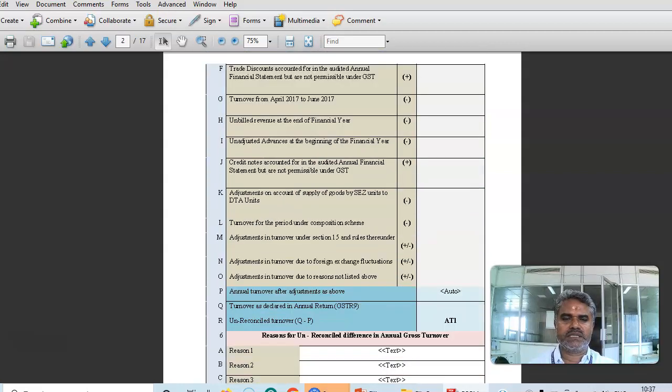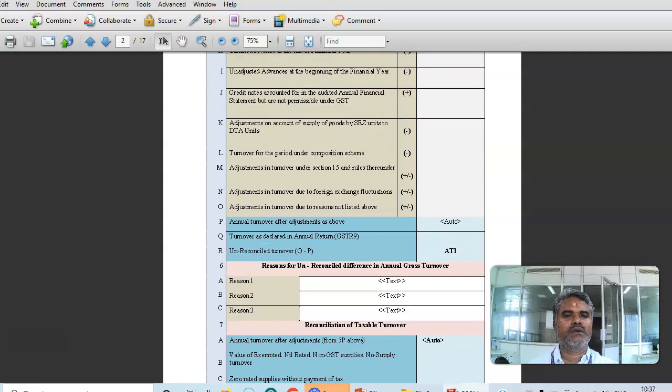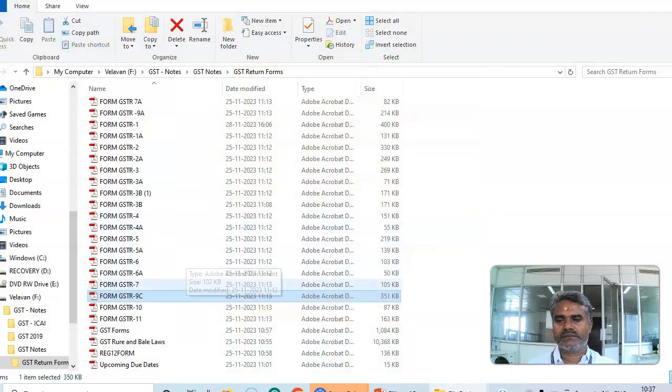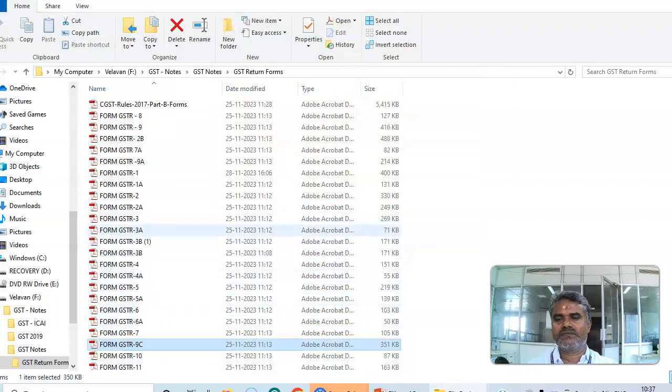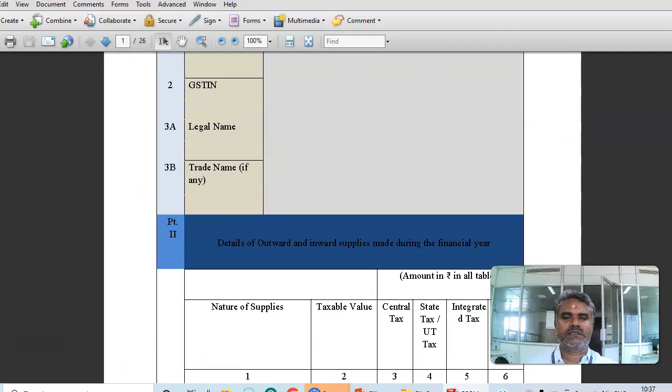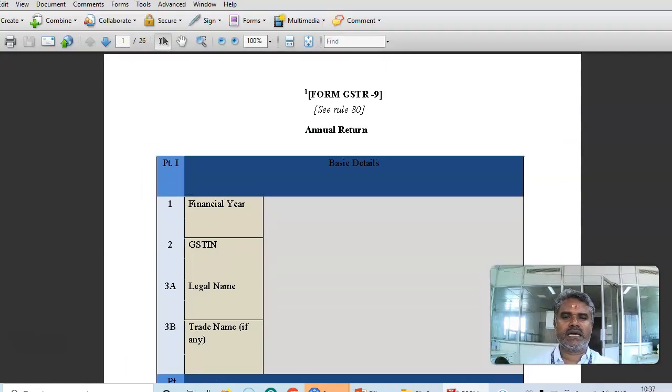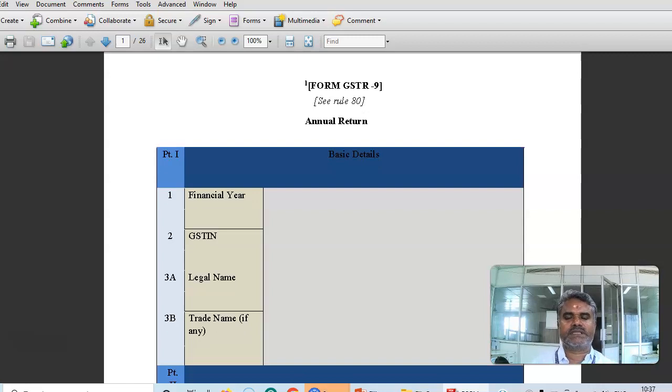This is reconciliation statement. GSTR 9, 9C. Yes. GSTR 9 is annual return. It has to be filed by all registered persons. It is very important. Those who have registered their business, they have to submit.